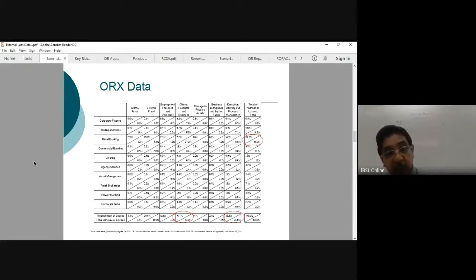Because this is what I need. Even in a bank, you can have this type of matrix. And in this matrix, you can see altogether there are 56 cells, because from corporate finance up to this, there are 8 business lines.